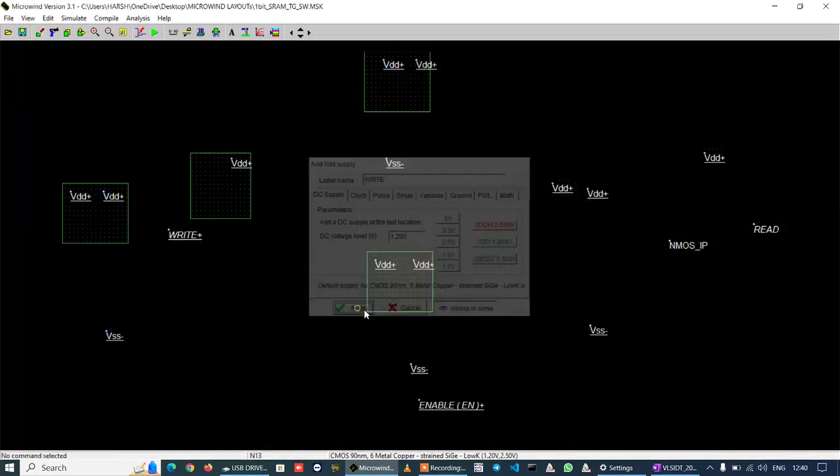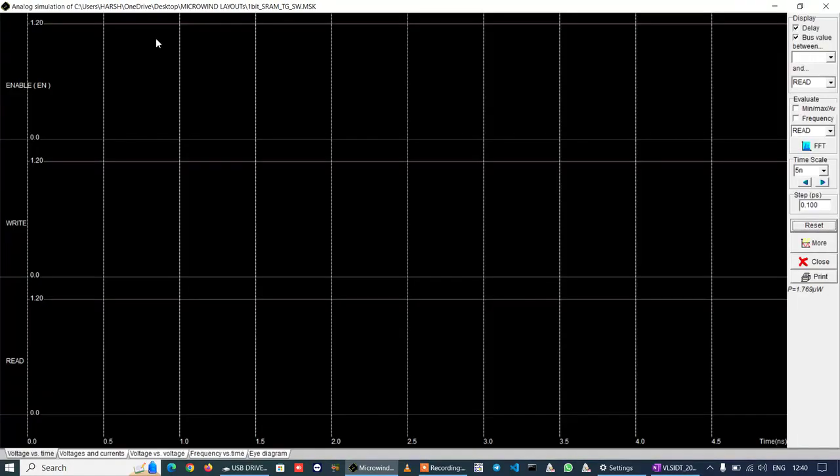For write equal to 1, enable equal to 1, we get read equal to 0.0 volts, that is VSS, a strong 0.